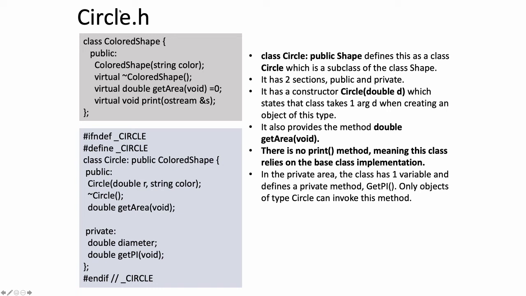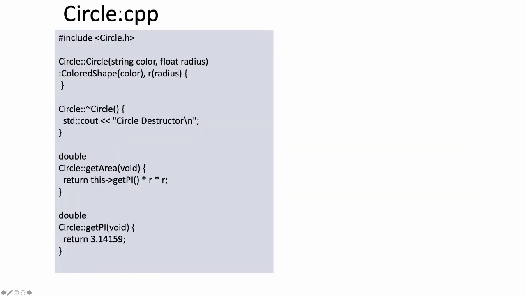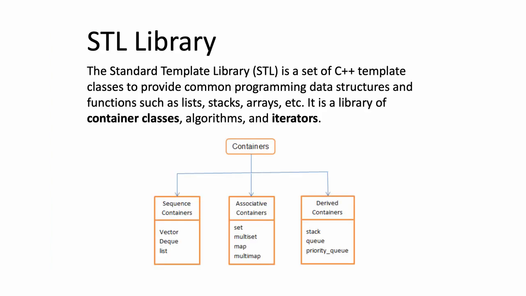Here I am back at the presentation. So this is what we just went through for the circle, the .h file, the .cpp file. I made a little error in my demo. The area of a circle is pi r squared. So now let's change tack.